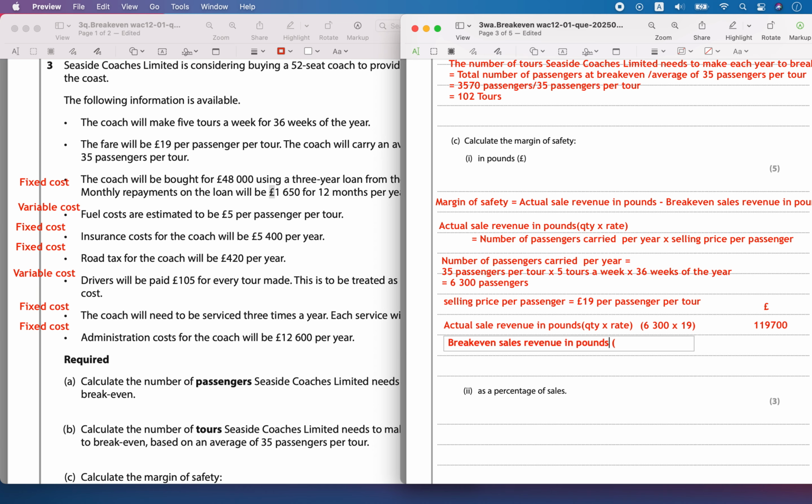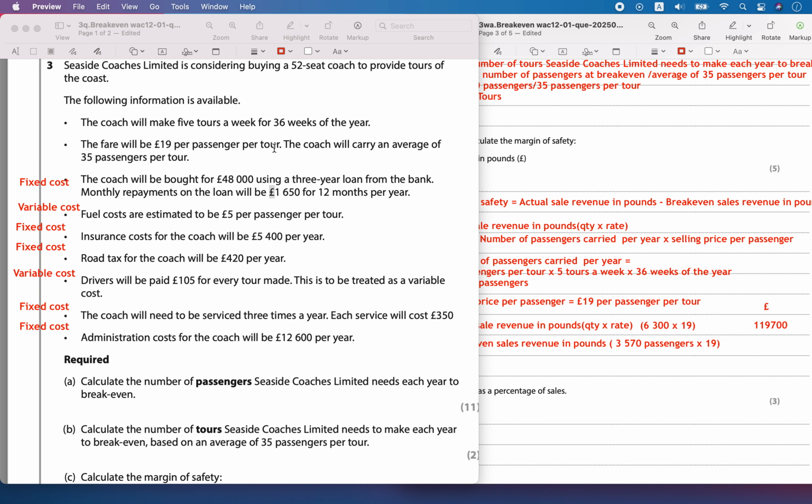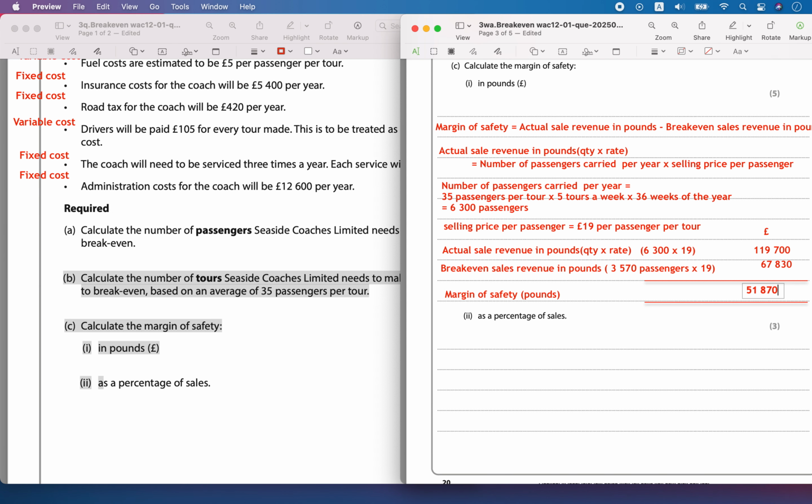So 3570 passengers times 19 pounds each means the total revenue at the break-even point is 3570 times 19, which is 67,830.